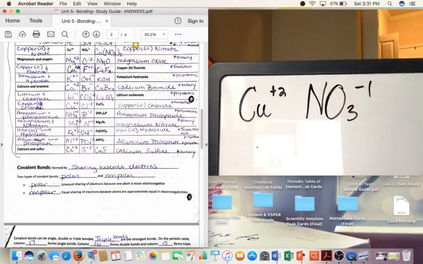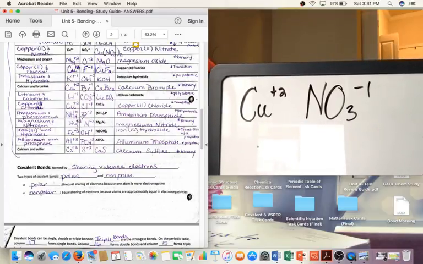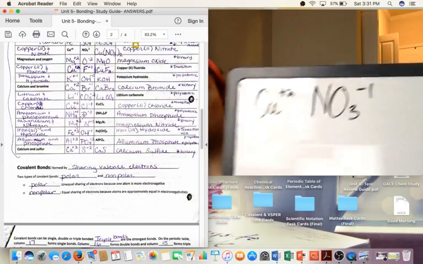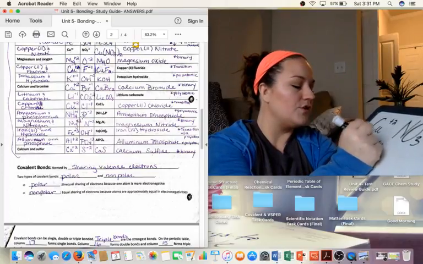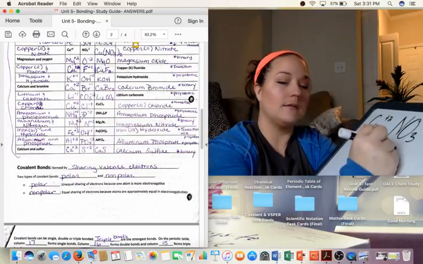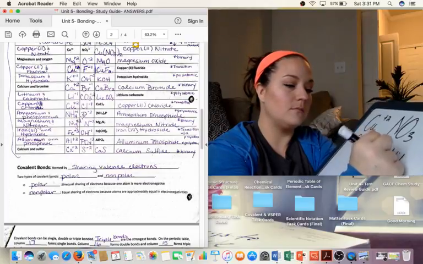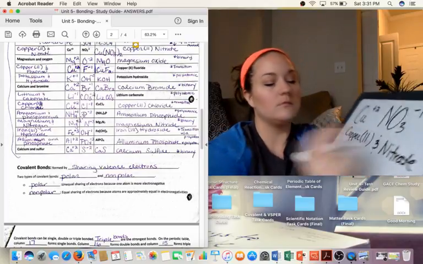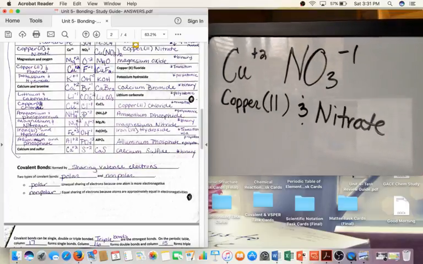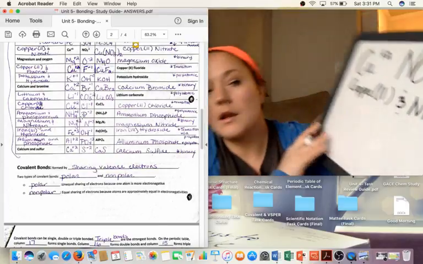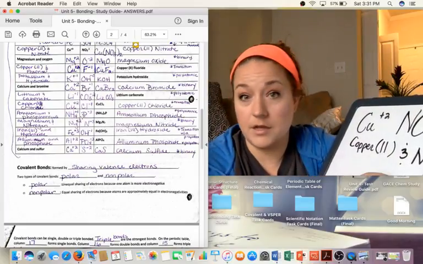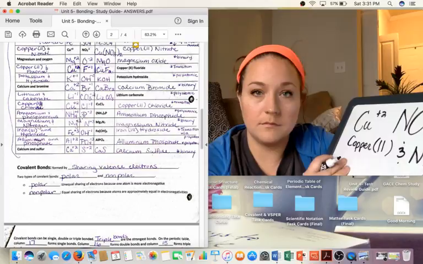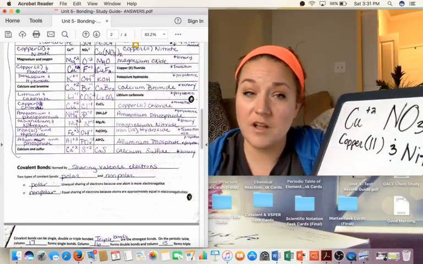So the first blank is just asking you to write out what is actually involved. So all you have to do is write out copper 2, and a nitrate. Those are the two individual parts, the element of copper and the polyatomic that is involved.